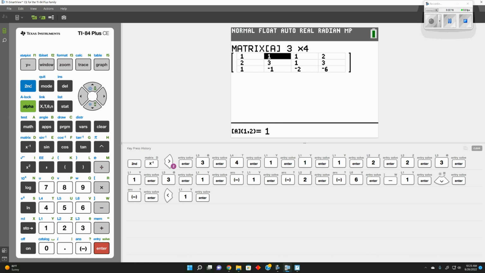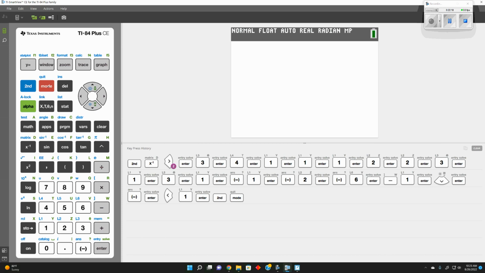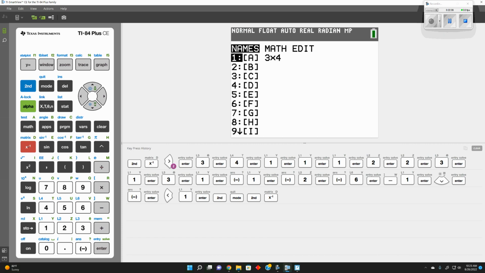Now the next thing we'll do is second quit, second mode, because we want to quit out of that. Now what we want to do next is actually solve this, all right? Now to solve this, we're going to go, again, second matrix. Once we put it in, we're going back second matrix. But this time, we're not going over to edit.